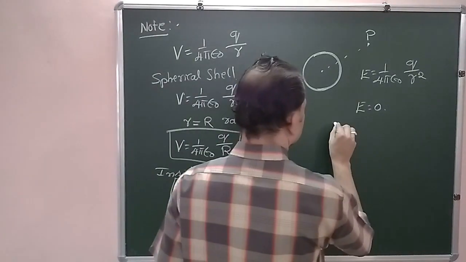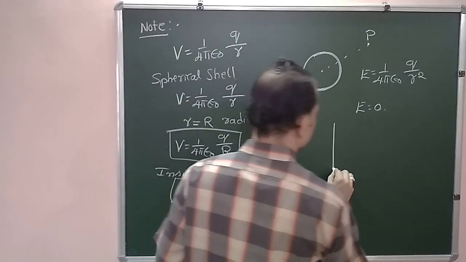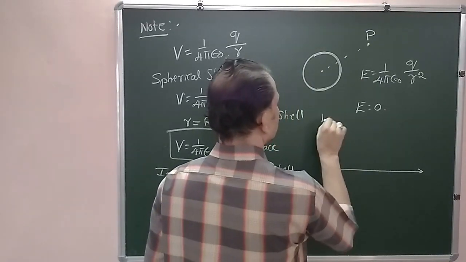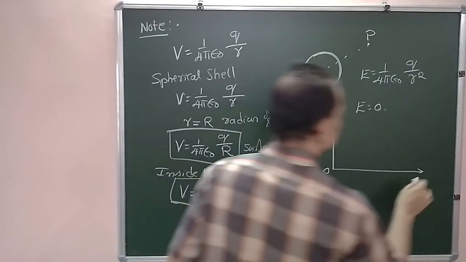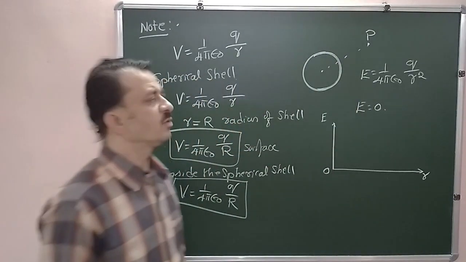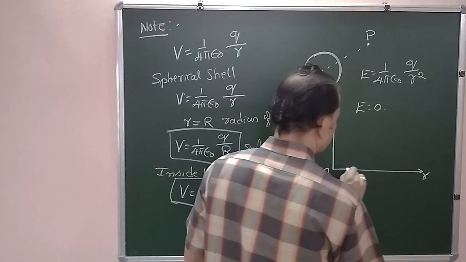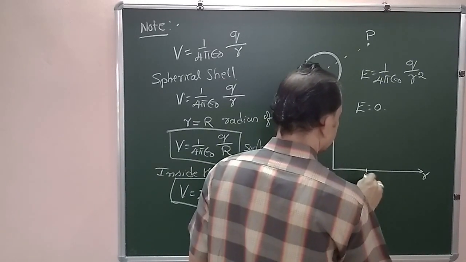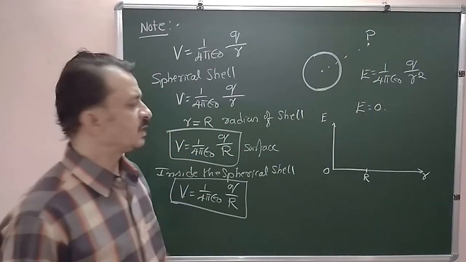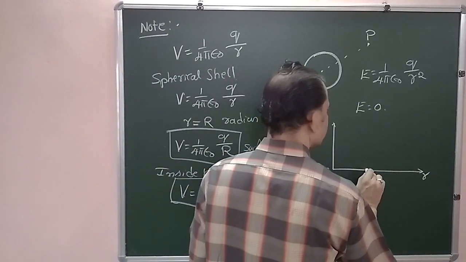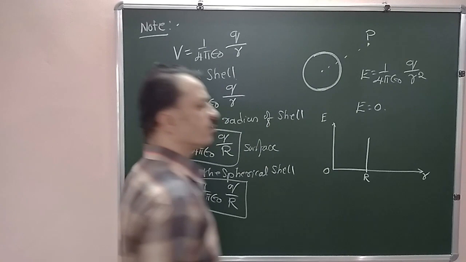Now let me plot the variation of electric field and electrostatic potential with respect to distance in the case of a spherical shell. Up to the radius capital R, the electric field is zero. At the surface, it has a maximum value of electric field.